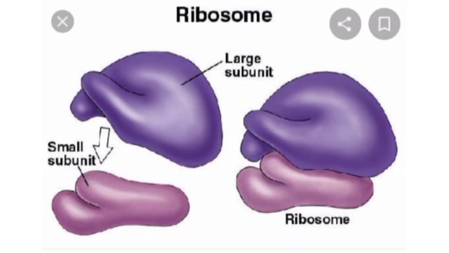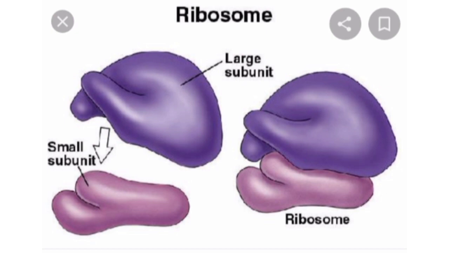Now, the next cell organelle is ribosomes. Ribosomes are the smallest membraneless electron microscopic ribonucleoprotein particles found in both prokaryotes and eukaryotes. There are generally two types of ribosomes on the basis of their sedimentation coefficient, that is 70S in prokaryotes and 80S in eukaryotes.